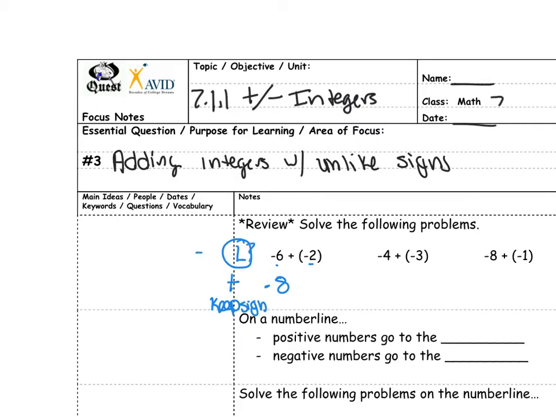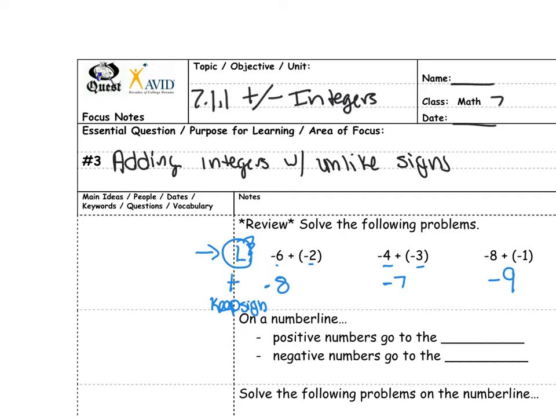Again, we scan the problem. Are they like signs? If so, we add the numbers and then keep the sign. Please pause and do this last problem on your own. All right, how did you do? Like signs we add and we keep the like sign.